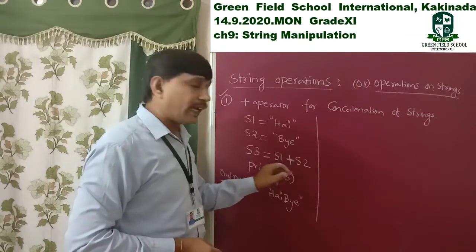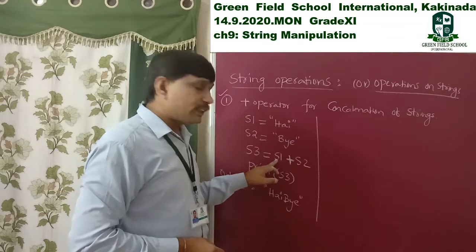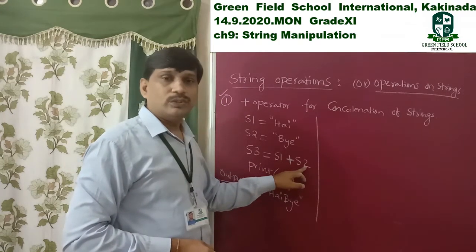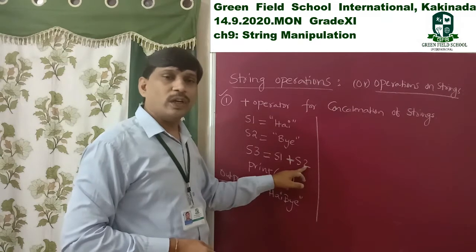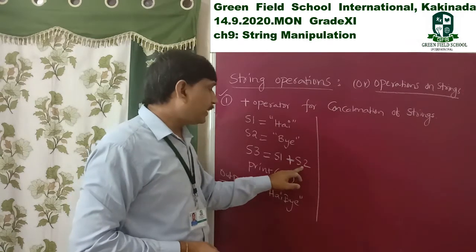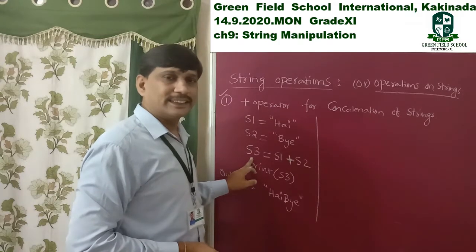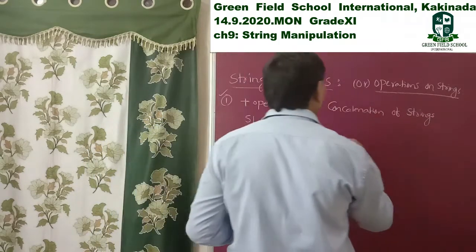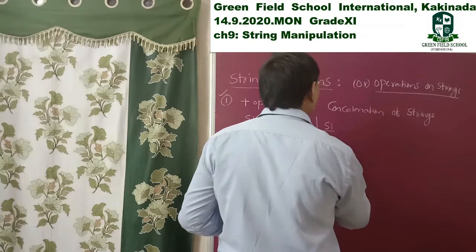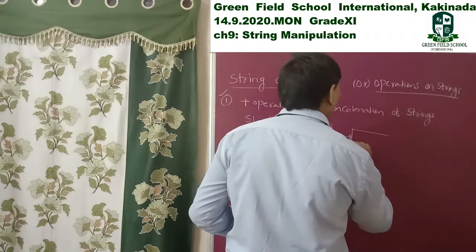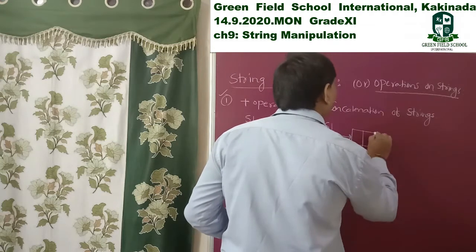S1 is concatenated with S2. Concatenation means combining or joining, and then finally it is stored in the third variable, assigned to S3. First, S1 is one string, that consists of "hi".